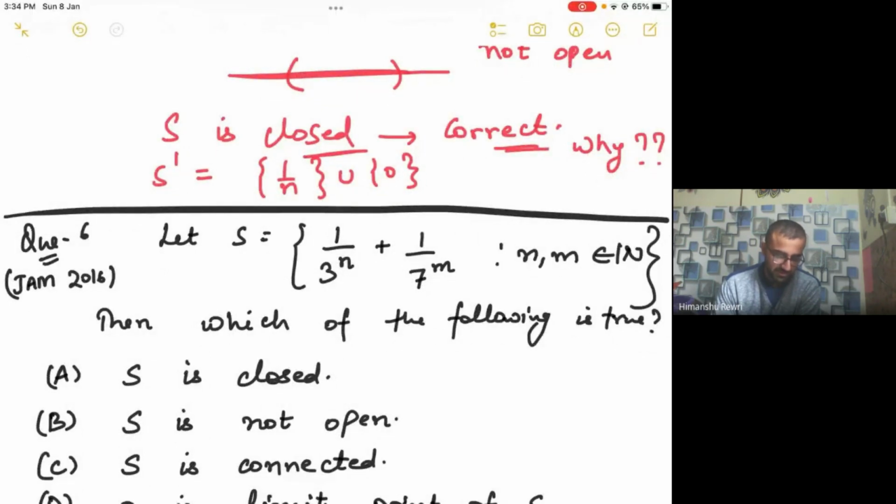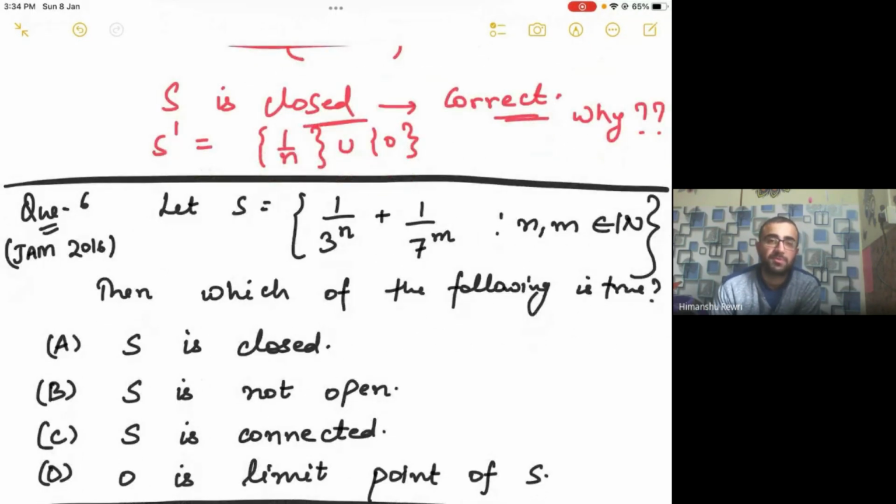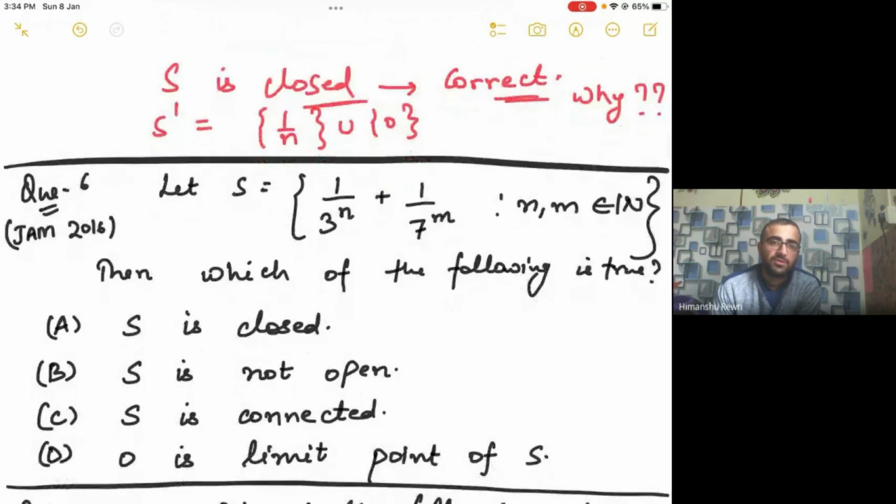So the question number 6 is similar to that of question number 5. It says that if S is the set 1 divided by 3 raised to the power n plus 1 divided by 7 raised to the power m, where n and m are natural numbers, then which of the following statements is true?